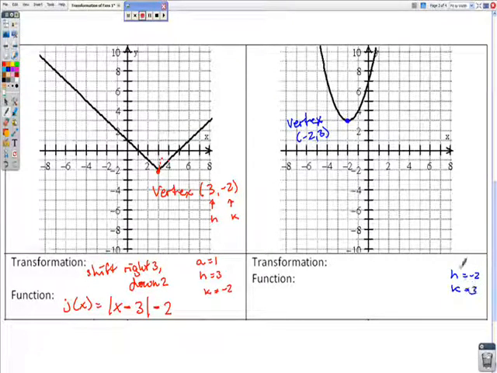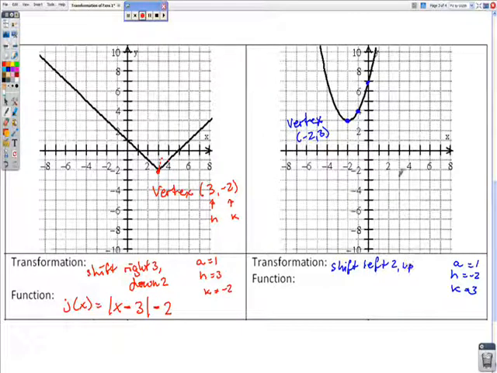Up 1, left 1, up 1, right 1, up 1, right 2, up 1, 2, 3, 4. Okay, it's looking like a is 1. Okay, so our transformation, if I was at the origin, how would I get to the vertex? I would shift. Okay, please don't forget the word shift. It's very important. Left 2 and up 3.